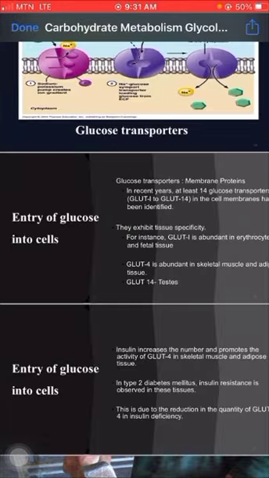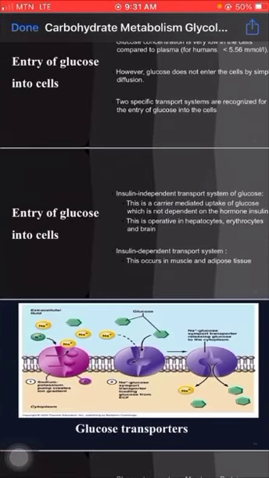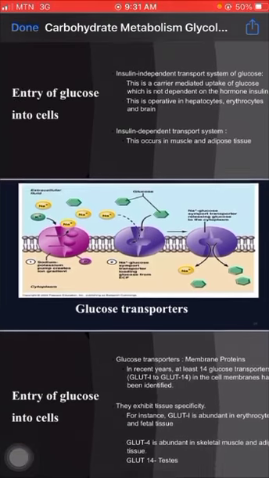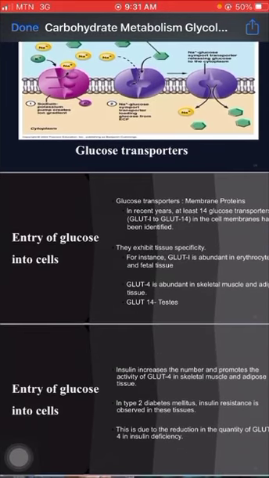And I told you earlier that the glucose transporters that are insulin dependent are mostly found in the muscles and adipose tissue. And right now I'm telling you that glucose transporter 4 is the one found in skeletal muscles and adipose tissue. In other words, glucose transporter 4 is insulin dependent. Hope you understand.